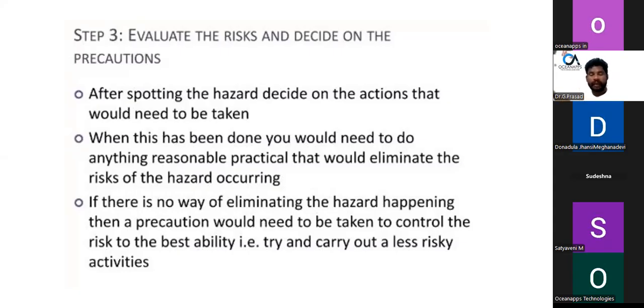The hazard is happening, so precautions would need to be taken to control risks to the best of our ability. So ఇలాంటివన్నీ చేస్తూ ఉంటే then we can evaluate the risks and you can decide.